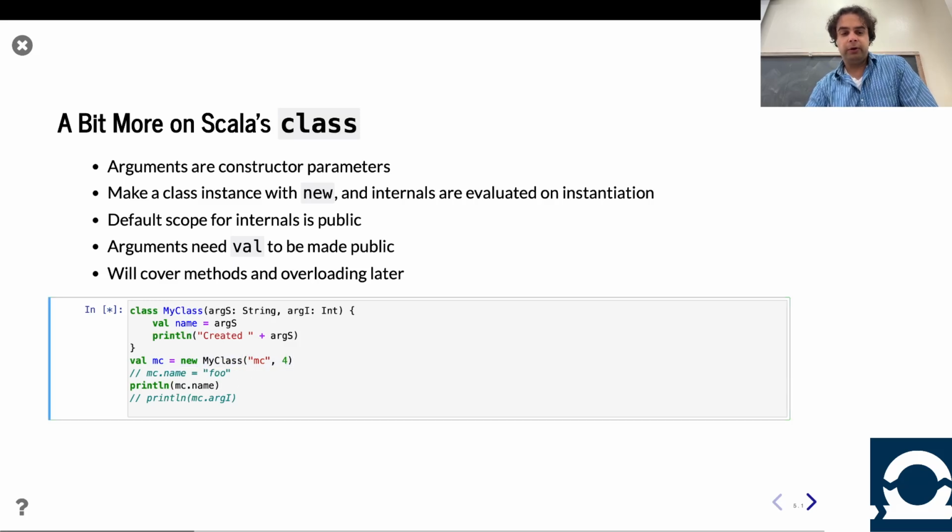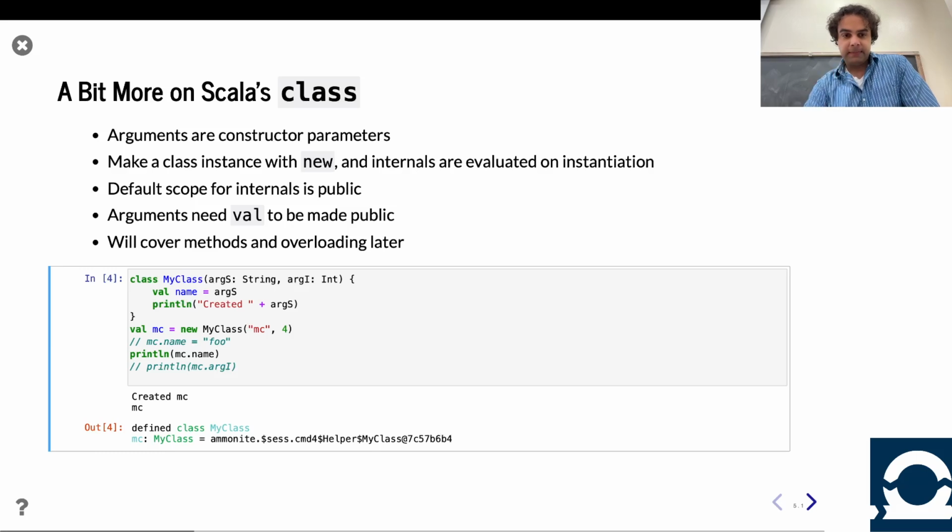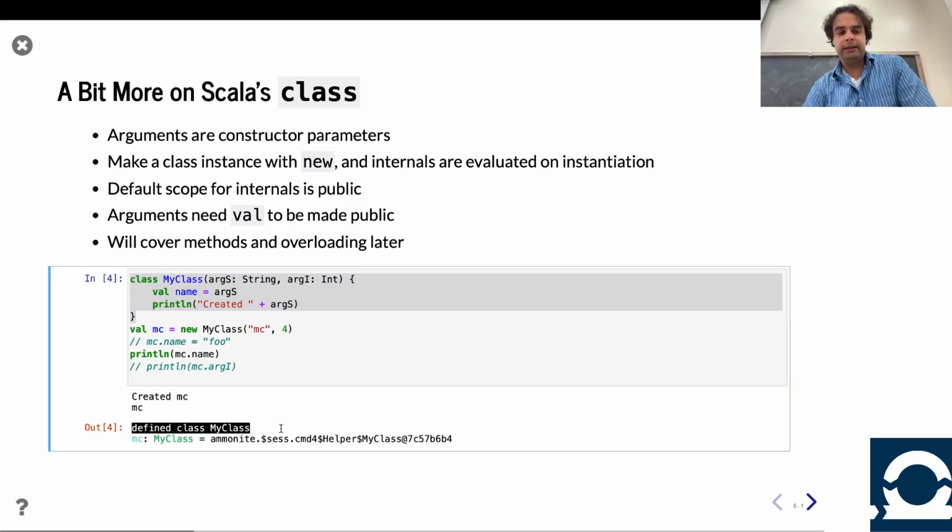So let's go ahead and run this code real quick. We can see we declared this class. In the output here, we have two categories of output: what the interpreter is doing and what is actually being printed to standard out. The interpreter, for this first line, says you defined my class, great. But what standard out is seeing is the evaluation of creating this.